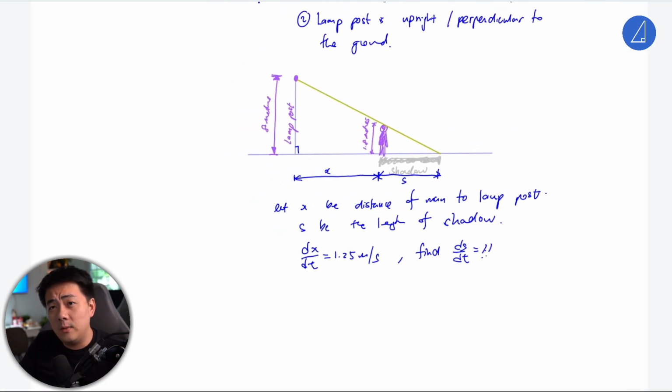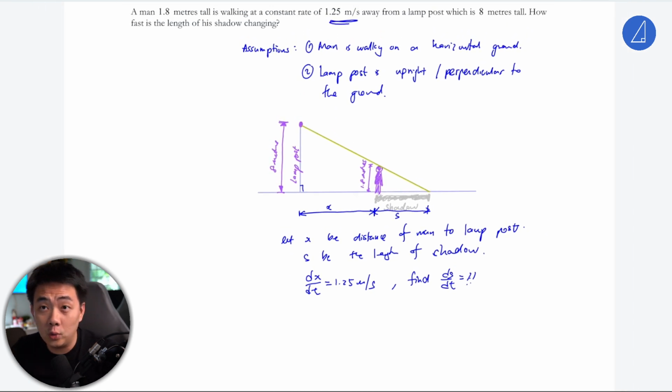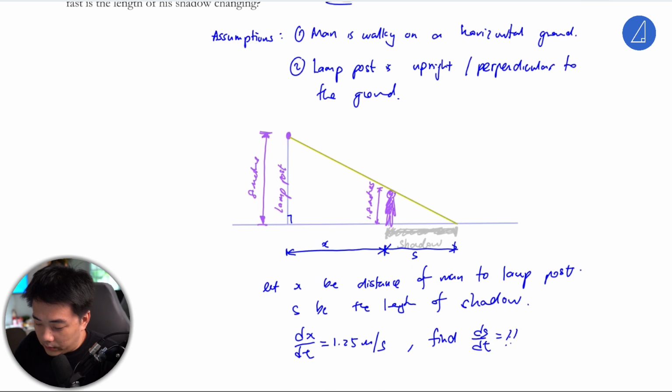It's not easy because the diagram is not drawn for you, but it is also not impossible to solve.